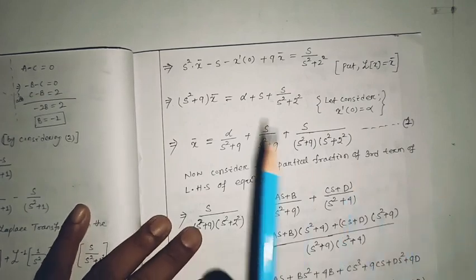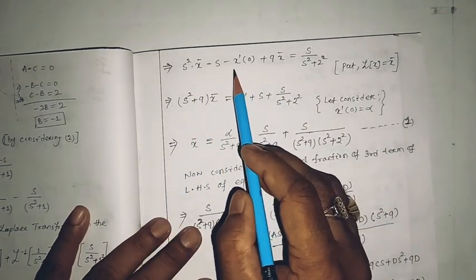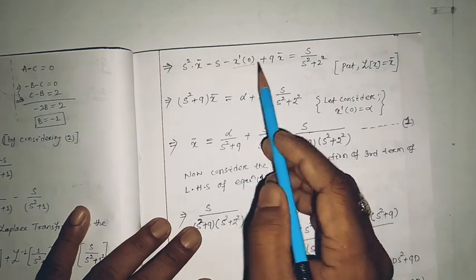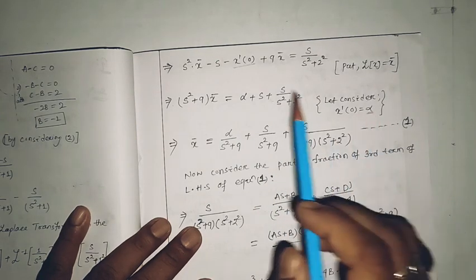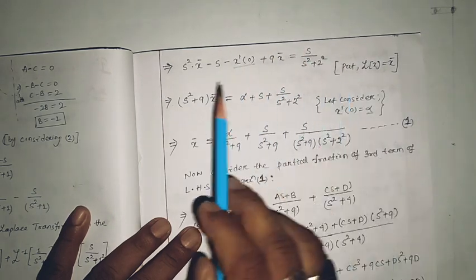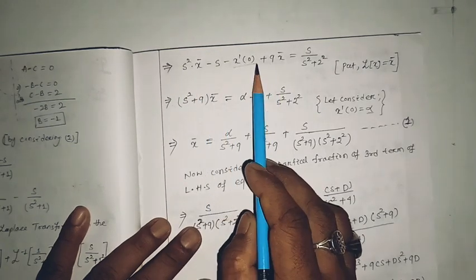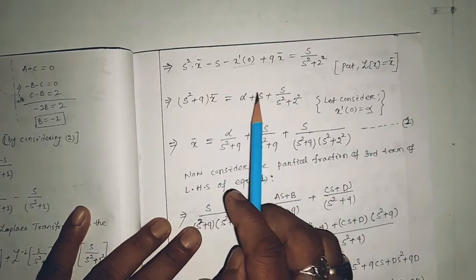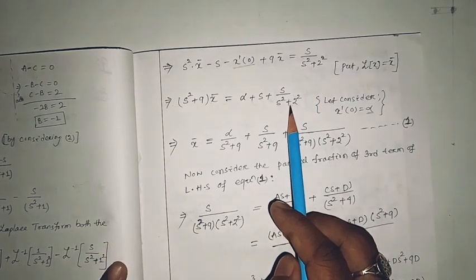So here you can see what we have done. We considered x dash 0 as an unknown constant, let that be alpha, and took this side, this minus s also taken this side, and on the left hand side we found s square plus 9 into x bar equal to alpha plus s plus s by s square plus 2 square.